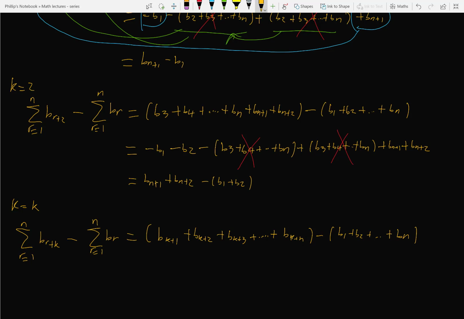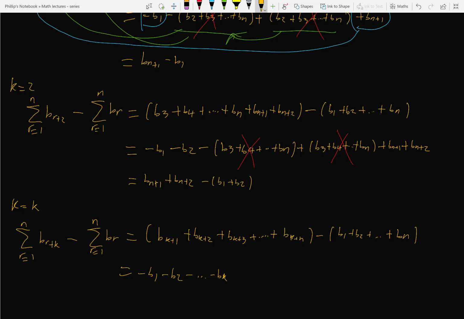So like before, some terms are not going to be included. So what we're going to have is the following, depending on what k is, obviously: minus b1, minus b2, all the way until minus bk, as such.